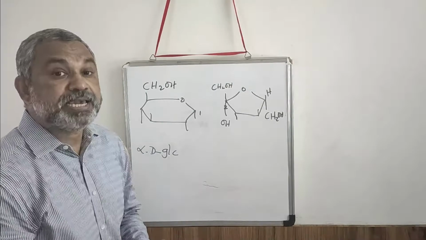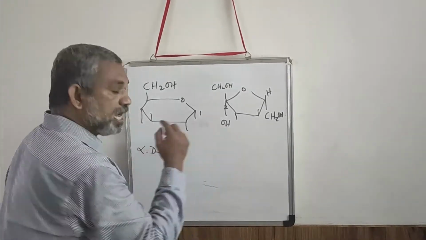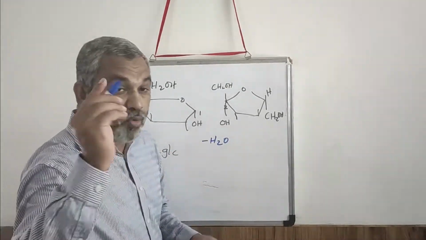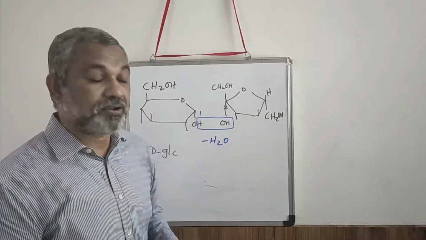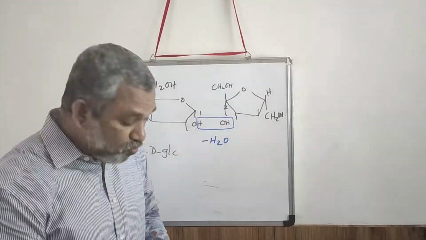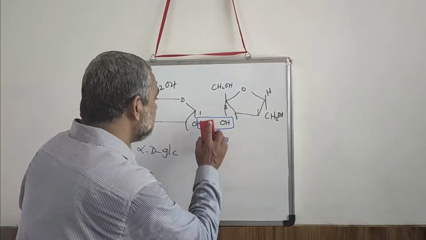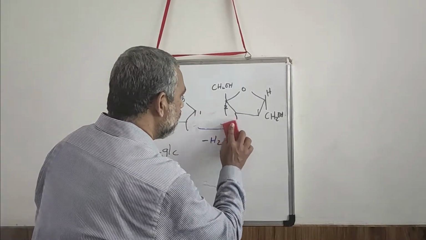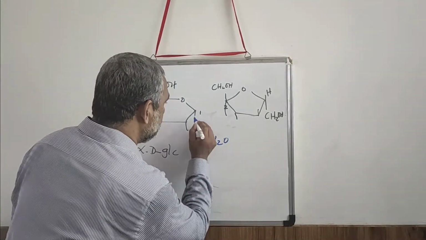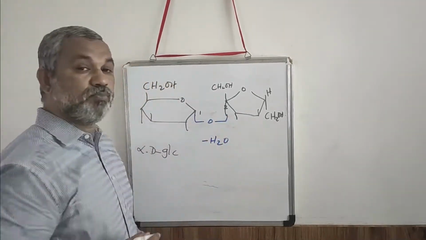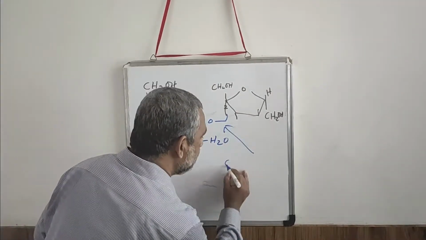Now, if the linkage is between carbon number 1 and carbon number 2, a molecule of water is removed. By removing a molecule of water, a glycosidic bond is formed.